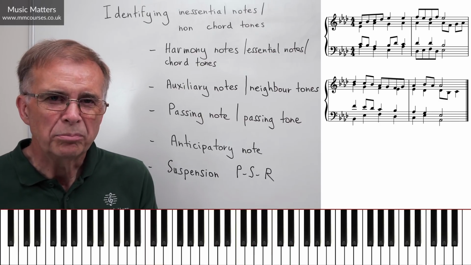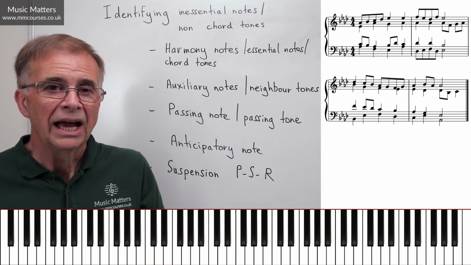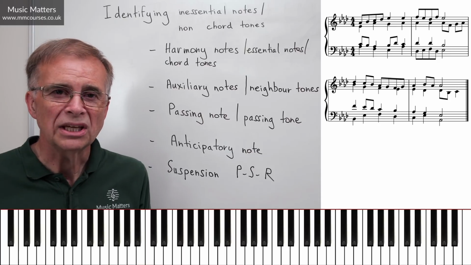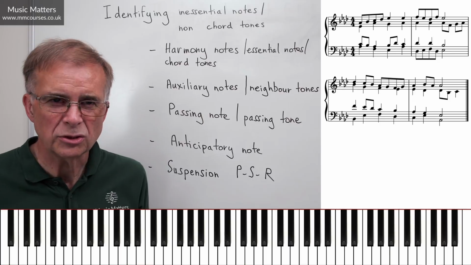But I'm soon going to get bored of that, really, just using notes that belong to the chord. And of course, if you're just using notes that belong to the chord, you're always leaping. You're never using notes that are next door to each other.